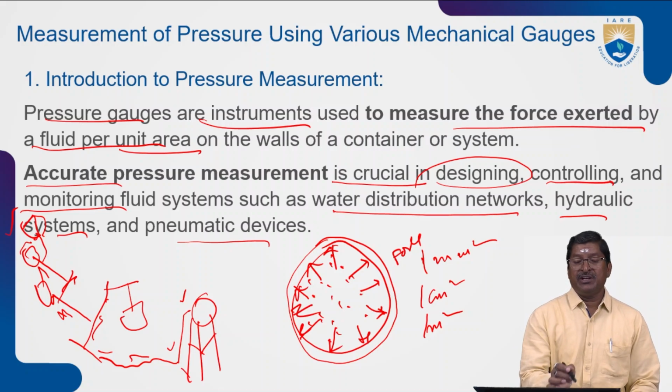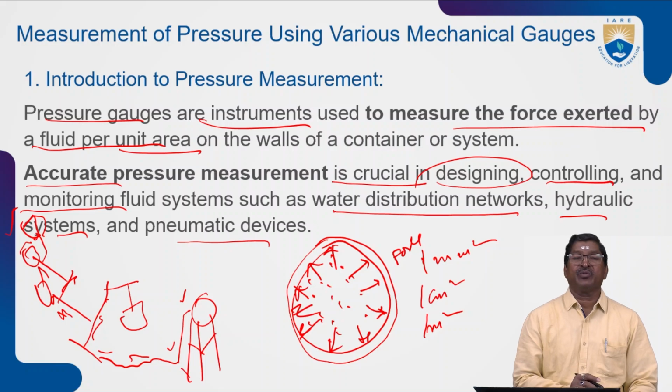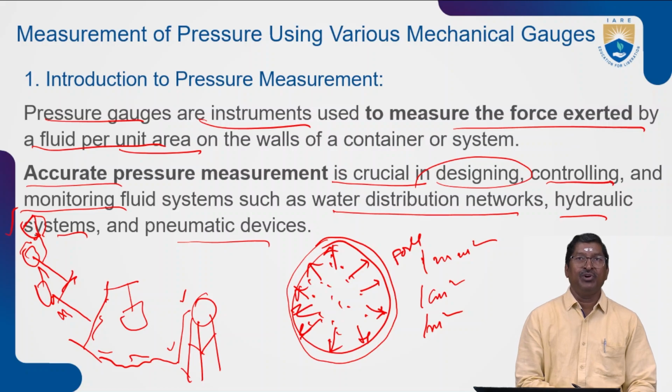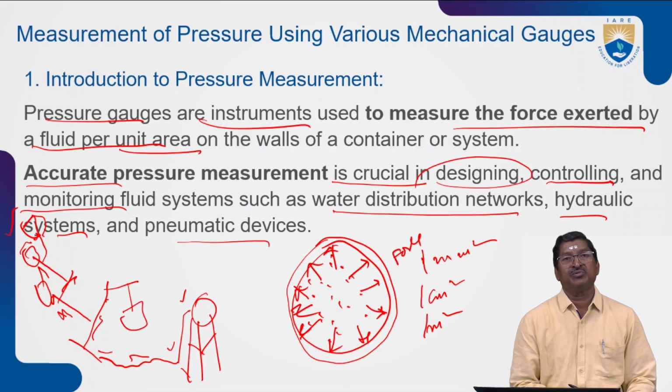Accurate measurement is required in order to design a particular equipment, device or pipe, and not only for designing, but also for controlling and monitoring water distribution networks.